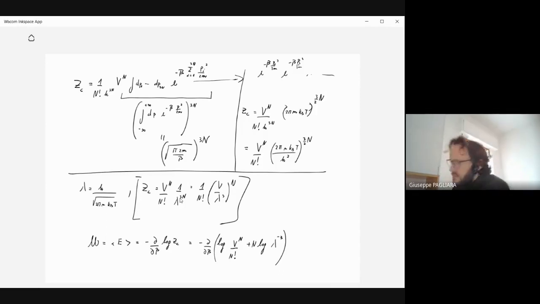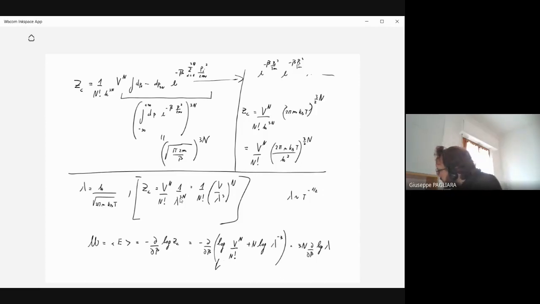Okay, now this term will not contribute to the derivative, and then I just have 3N times the derivative with respect to beta of the log of lambda, if I've done the calculation correctly. Now lambda scales as T to the power of minus 1/2. This is the scaling of lambda.